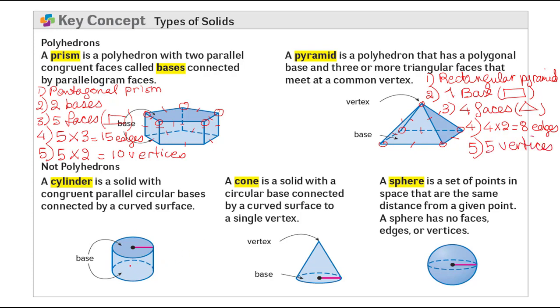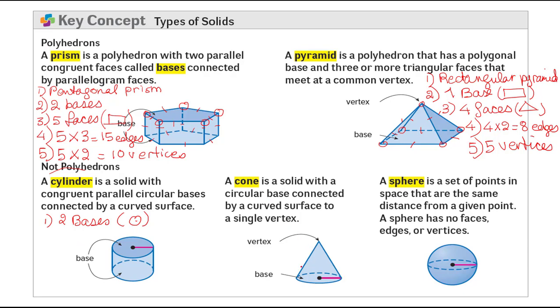Now, if I look at this shape, I call it a cylinder. It's a kind of prism, but it's not a polyhedron. Okay? So this, called a cylinder, has 2 bases, which are circles. It doesn't have any faces. It doesn't have any edges.